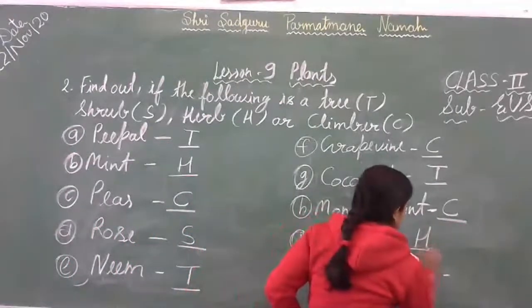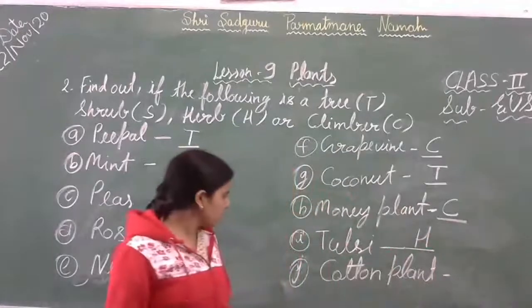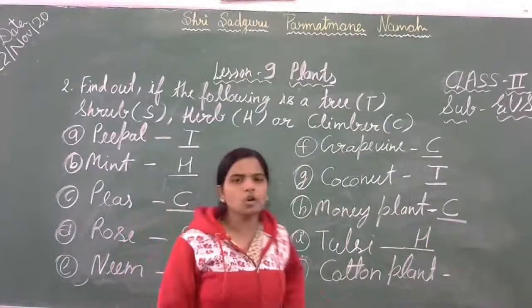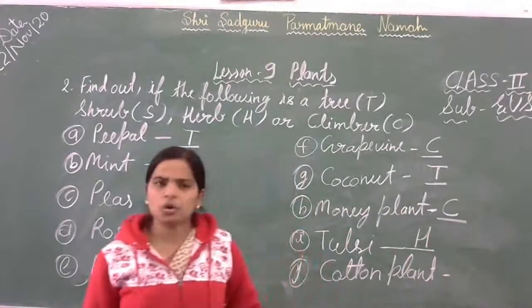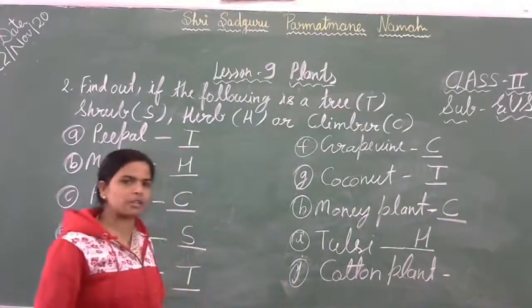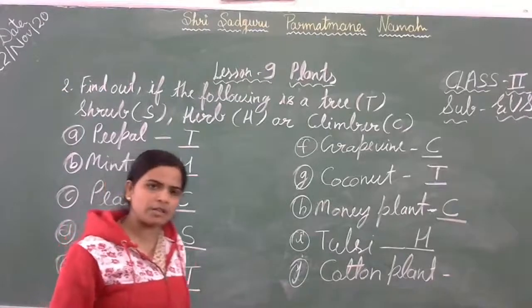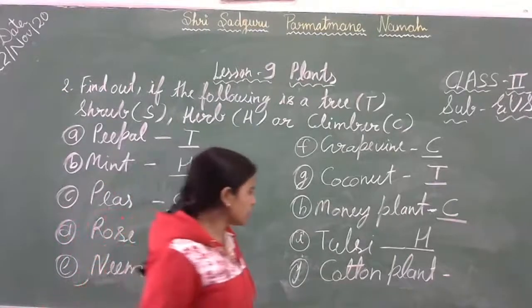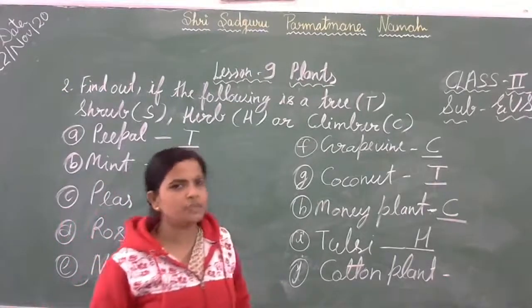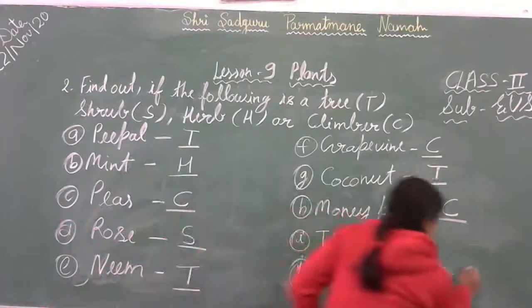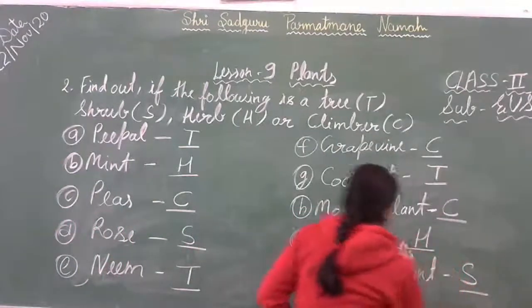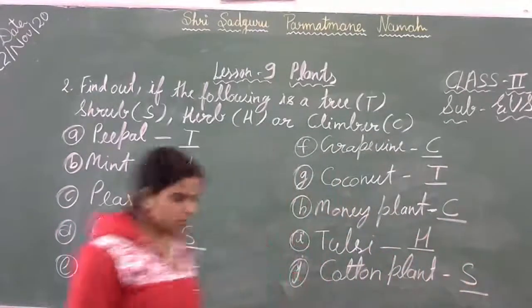We write here H. Next is cotton plant. Cotton plant is smaller than the trees. This is an example of shrub. We write here S.